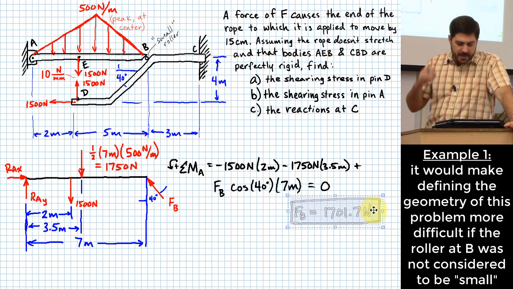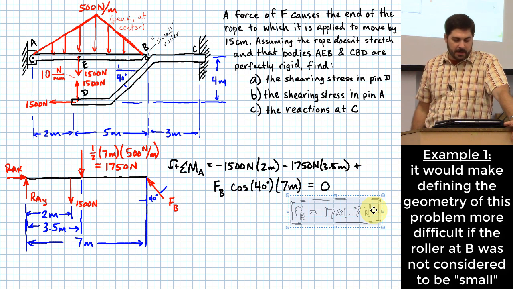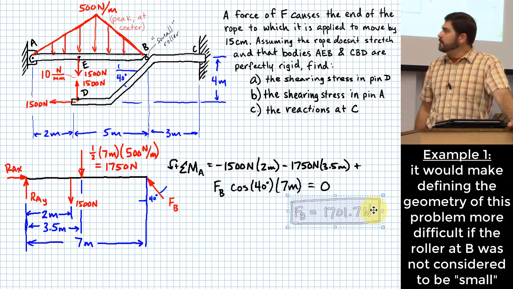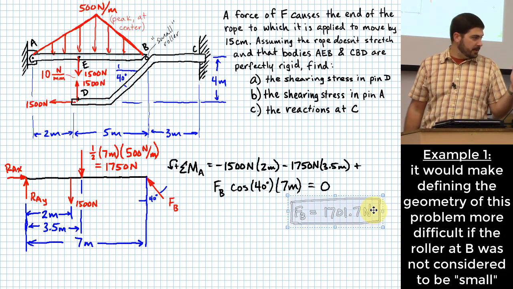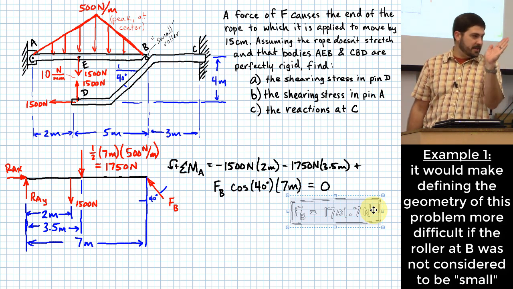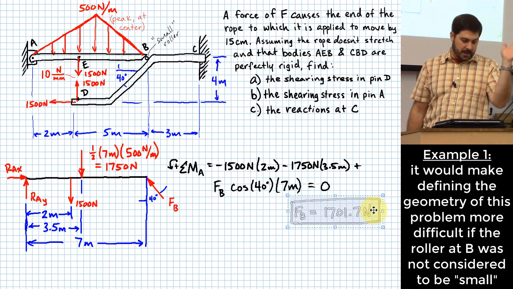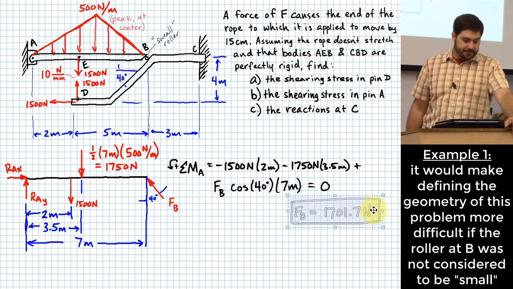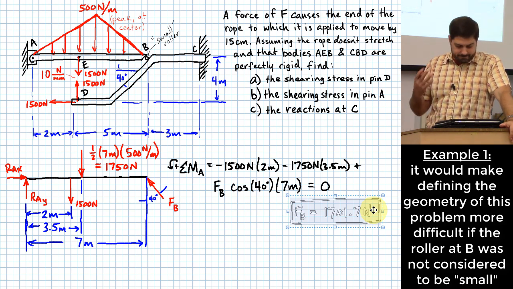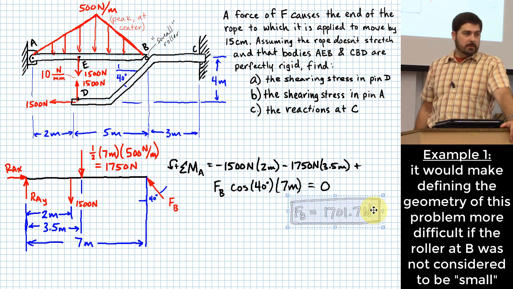Okay, the question was, how would the problem change if it was bigger? If it was bigger, the problem wouldn't necessarily change for the roller itself, especially if the dimension was given relative to the center of the roller. It might change for member AEB because the actual location where that force is being applied might shift if that roller was bigger, than almost nothing, right? So anyway, that's why I'm saying it's small.